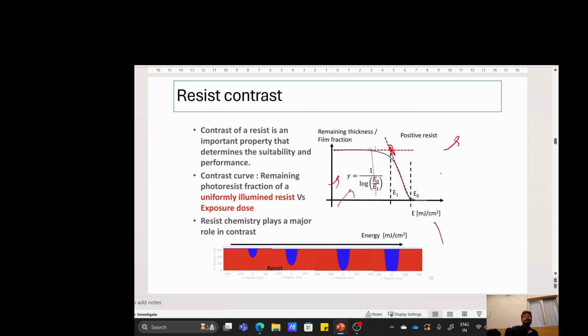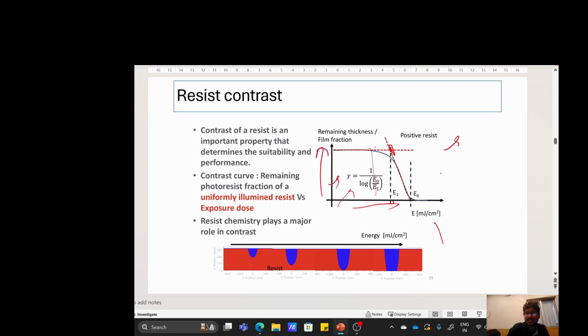So now let us see the resist contrast curve. Okay, what I was telling you is that a certain amount of energy of the light is required to remove the photoresist. So initially, this is the energy, and this is the removal of the film.